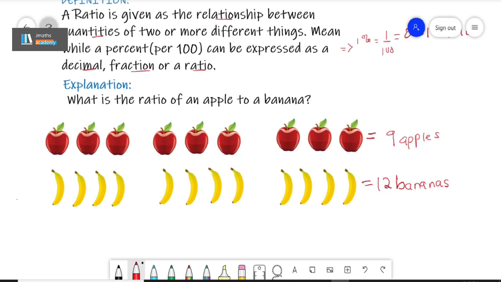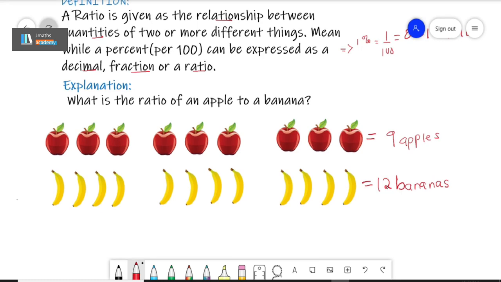So our question asks us to find the ratio of 9 apples to 12 bananas. To represent this in ratio form, you write it in this way: 9 apples is to 12 bananas. Okay, and this is equal to 9 to 12, or we could write it this way: 9 ratio 12.